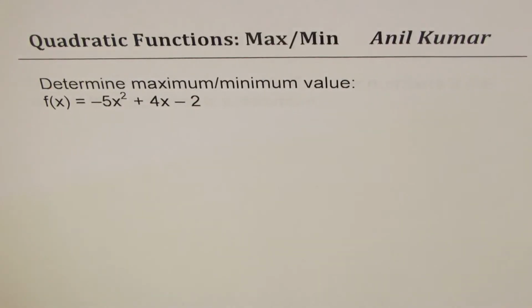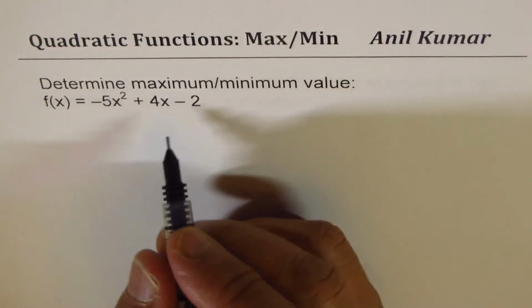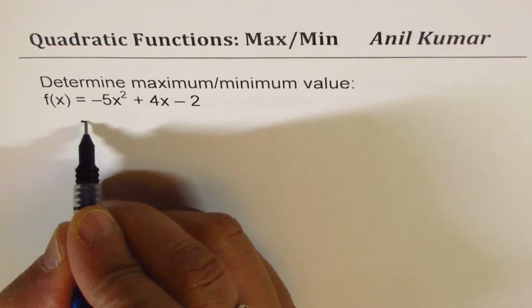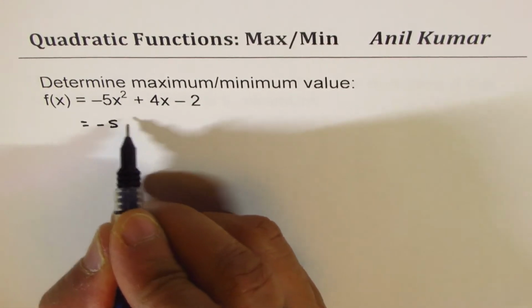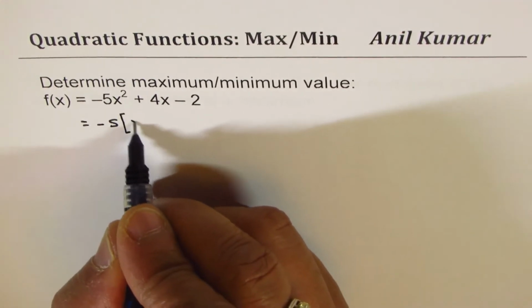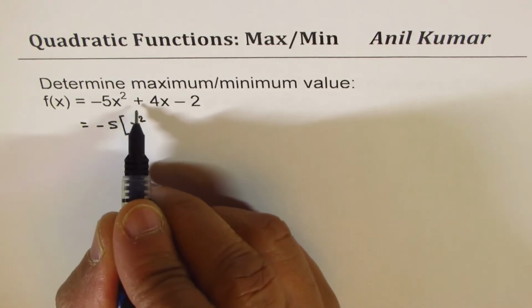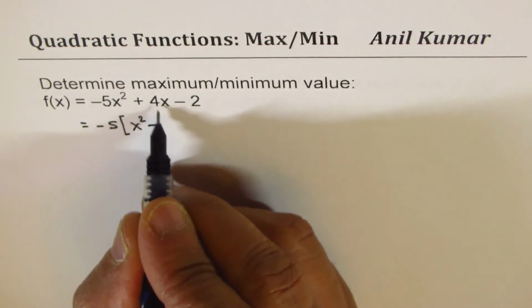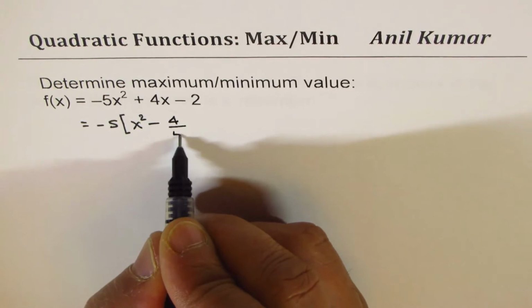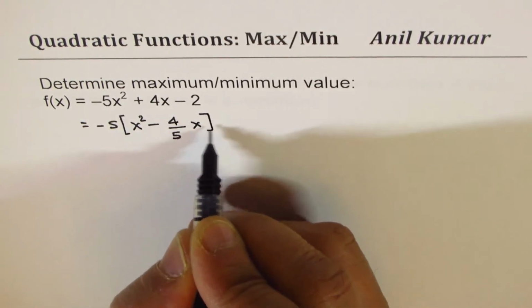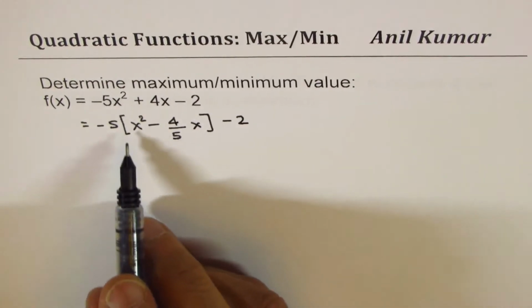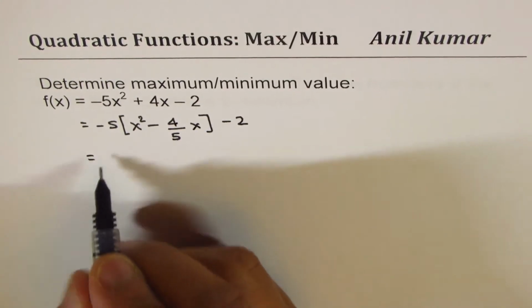So let's take another example, which is the simplest of all. So now we could write this as minus 5 bracket x squared, minus means that the sign becomes negative, 4 divided by 5 x, bracket close, minus 2. It's a good idea to use square brackets, right?